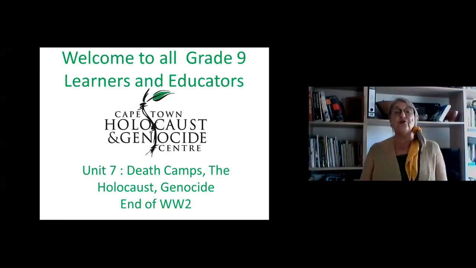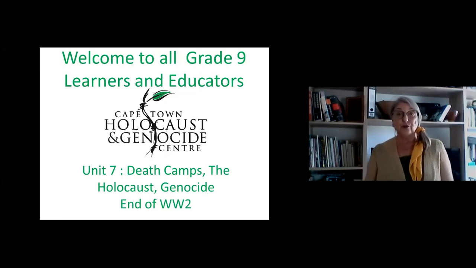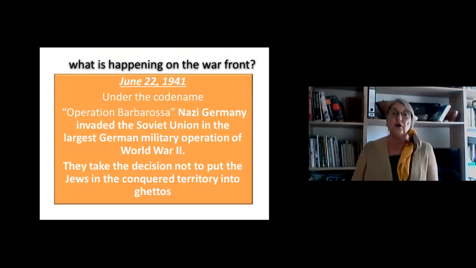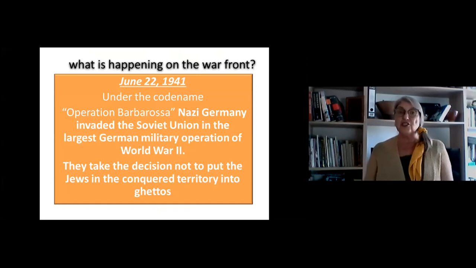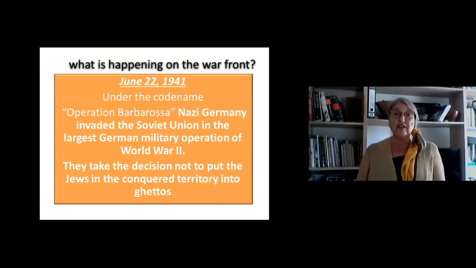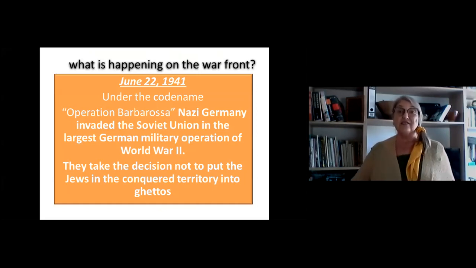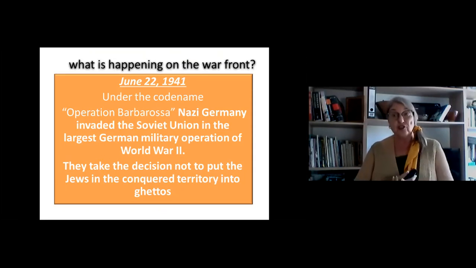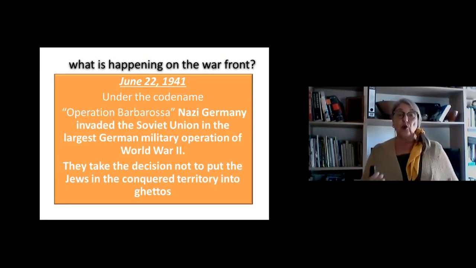In this unit today, we're going to be looking at the death camps, at what became the Holocaust of the Jewish people, the genocide, and the end of World War II. So, as I said to you in the last unit, what was happening on the war front was that the Nazis invaded the Soviet Union in something called Operation Barbarossa.